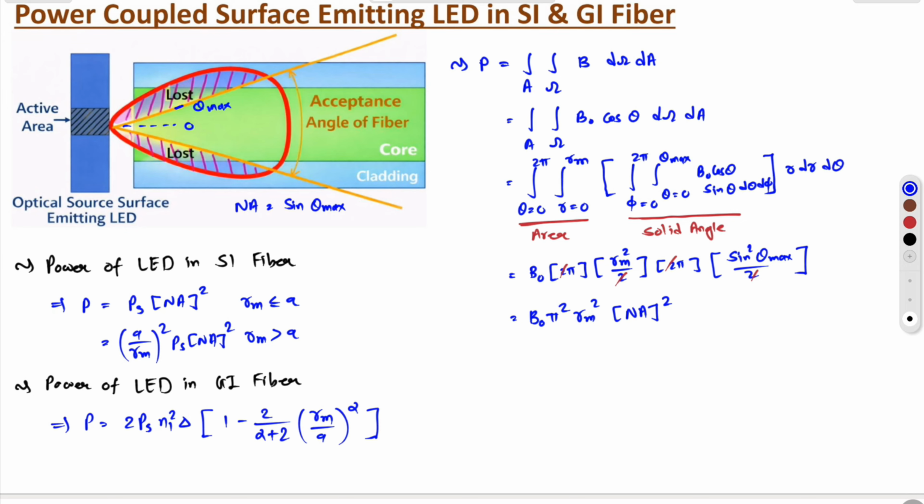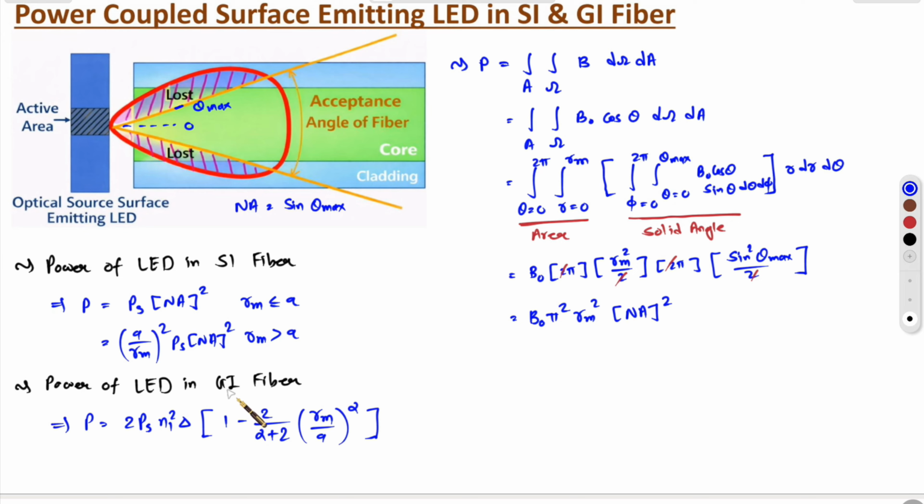The reason is, when you talk about numerical aperture for graded index fiber, it depends on the radius of this fiber, right? It will change with respect to center. The reason is this graded index fiber has numerical aperture which depends on index profile alpha as well. So you'll have to remember this equation for graded index fiber.